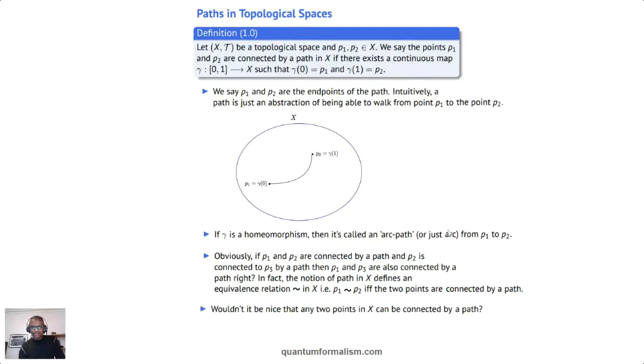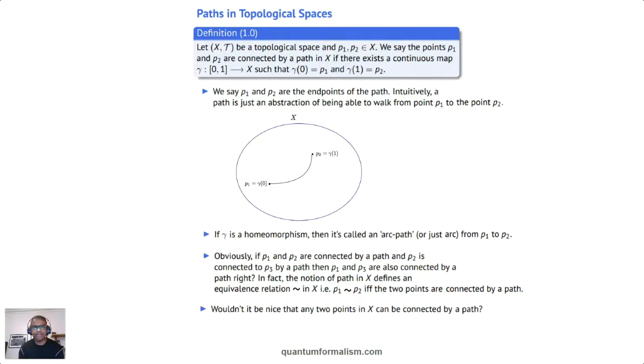Now, wouldn't it be nice if, given a space, obviously at this stage there's nothing that tells us that there is a path between any 2 points, but it would be nice to be able to go from any 2 points, right? That will be great, right?